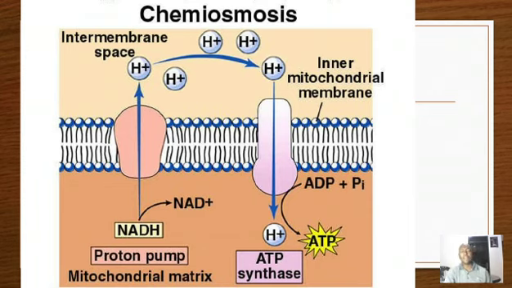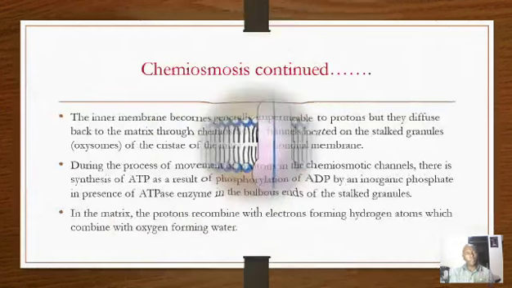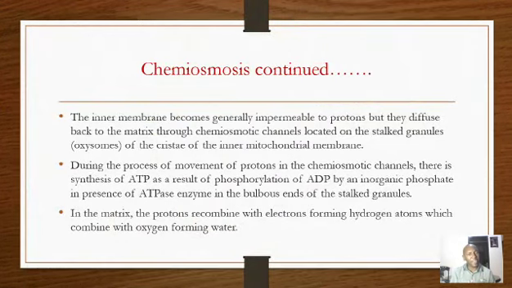What follows after? Due to the high concentration of hydrogen ions or protons in the intermembranous space, it creates a great concentration gradient between the ions in the space and in the matrix.